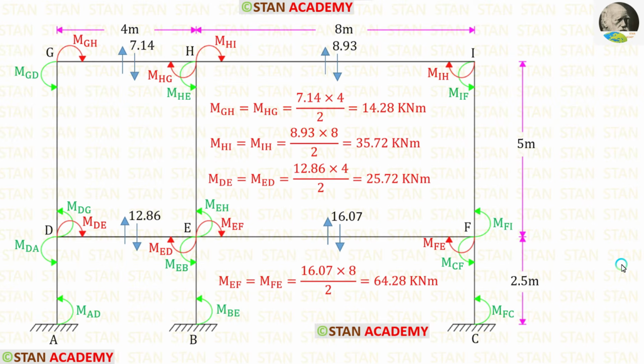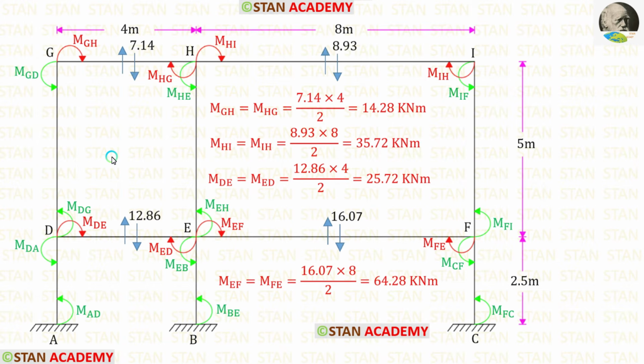Now we are going to find the moments in the beams. Before that, we have to know that in each of the members, the moments at the ends will be the same. For example, in the member GH, the moments MGH and MHG will be same, and in the member GD, the moments MGD and MDG will be same. Now let us see how to find the moments.